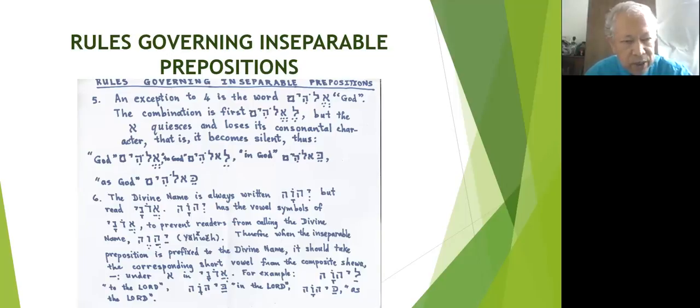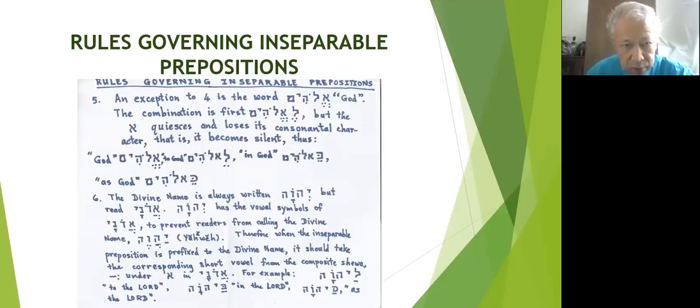And then we looked at the divine name and saw that the inseparable preposition has to be given the vowel of the substitute name that is used for God's personal name, and that is Adonai, the vowels of Adonai.